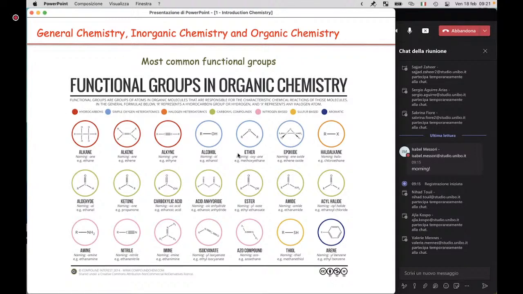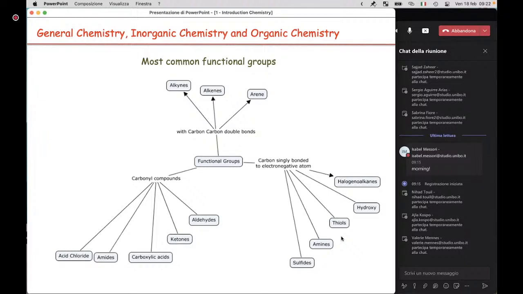Here, oxygen-containing compounds, halogens, other oxygen-containing compounds. In pink, nitrogen compounds, sulfur-containing compounds, and in this case, aromatic, which are a kind of hydrocarbons which are cyclic and with alternating double bonds. Yeah, this is some classification, but I think we can skip this.